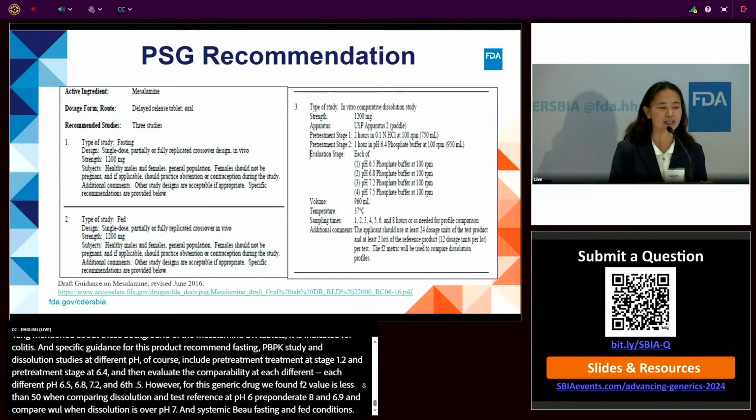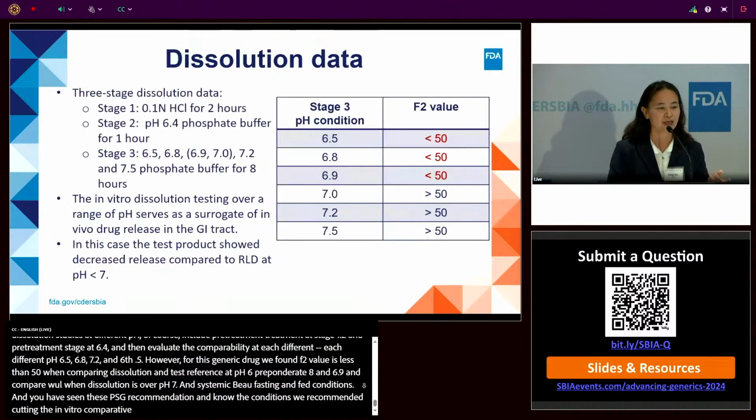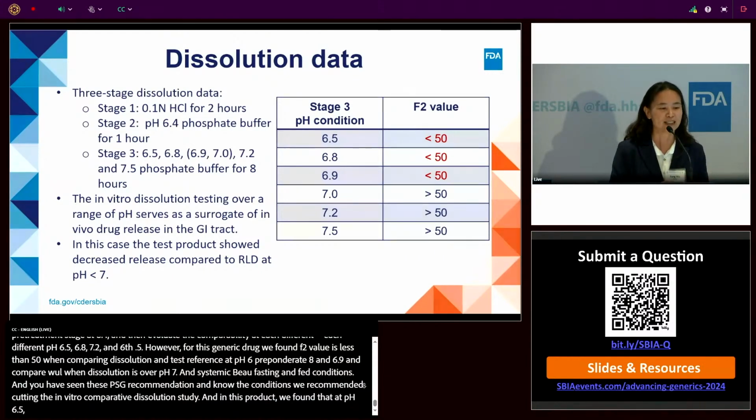And you have seen the PSG recommendation and know the conditions we recommended for conducting the in vitro comparative dissolution study. For this generic drug product, we found that at pH 6.5, 6.8, 6.9, the dissolution is not similar between test and reference, and the f2 is less than 50.